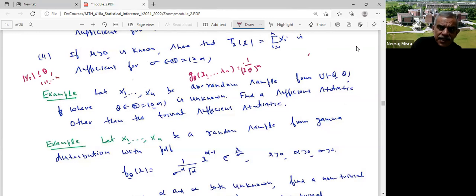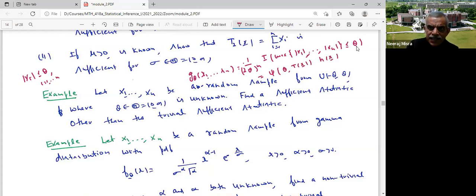That means the indicator that the maximum of mod of x1, ..., mod of xn is less than or equal to theta. So what is happening over here? This can be written as psi of theta times tx, where hx is 1.